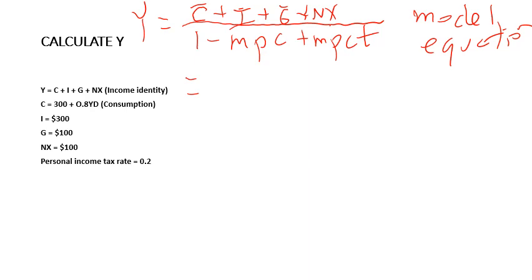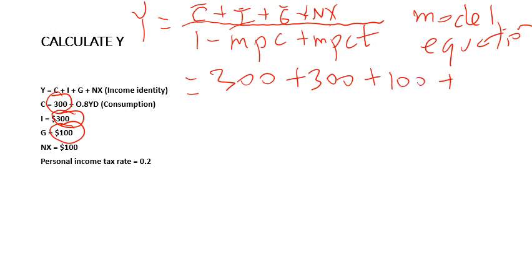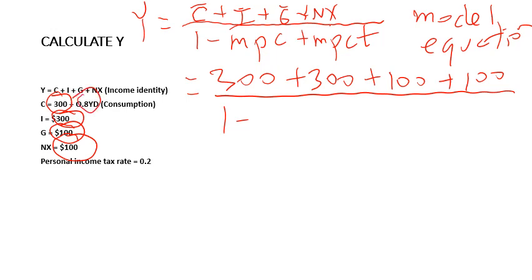Okay, so autonomous consumption, there it is, 300 plus autonomous investments, here it is, another 300 plus autonomous government spending, there it is, 100 plus autonomous net exports, there it is, 100, divided by 1 minus, what's MPC? There it is. It's 0.8.